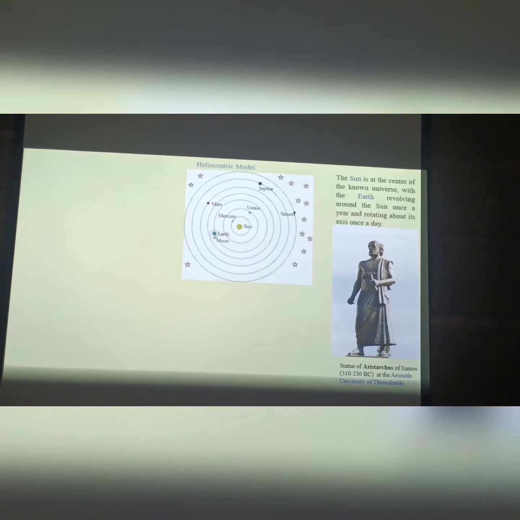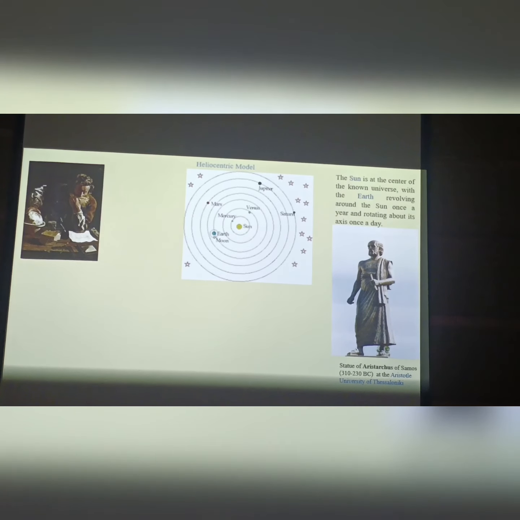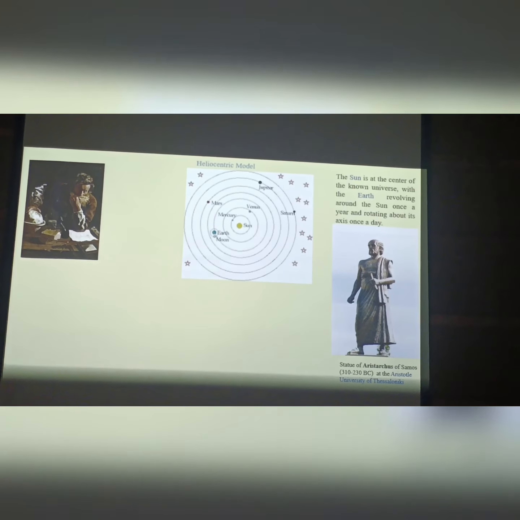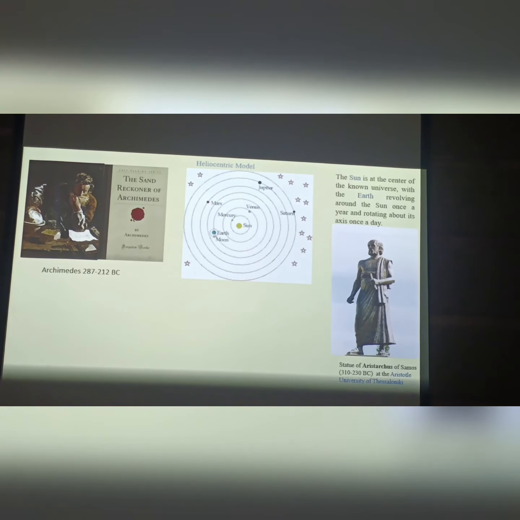Heliocentric model means the sun is at the center and all the other planets revolve around the sun. This model was proposed by Aristarchus of Samos, but most of his work has been lost, and what we know about this work is from a book by Archimedes.